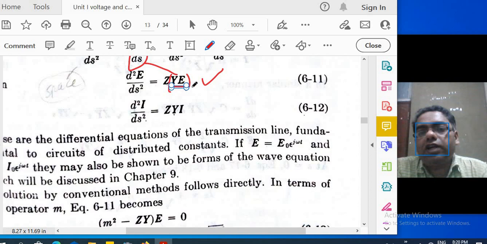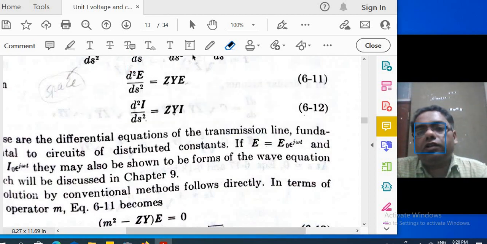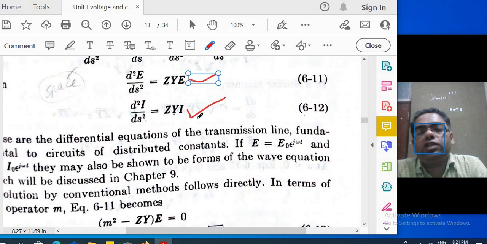So like this we are getting these equations. These are in decoupled form, because in this equation only E is there. Similarly in this equation only I is there. So these are the decoupled forms.